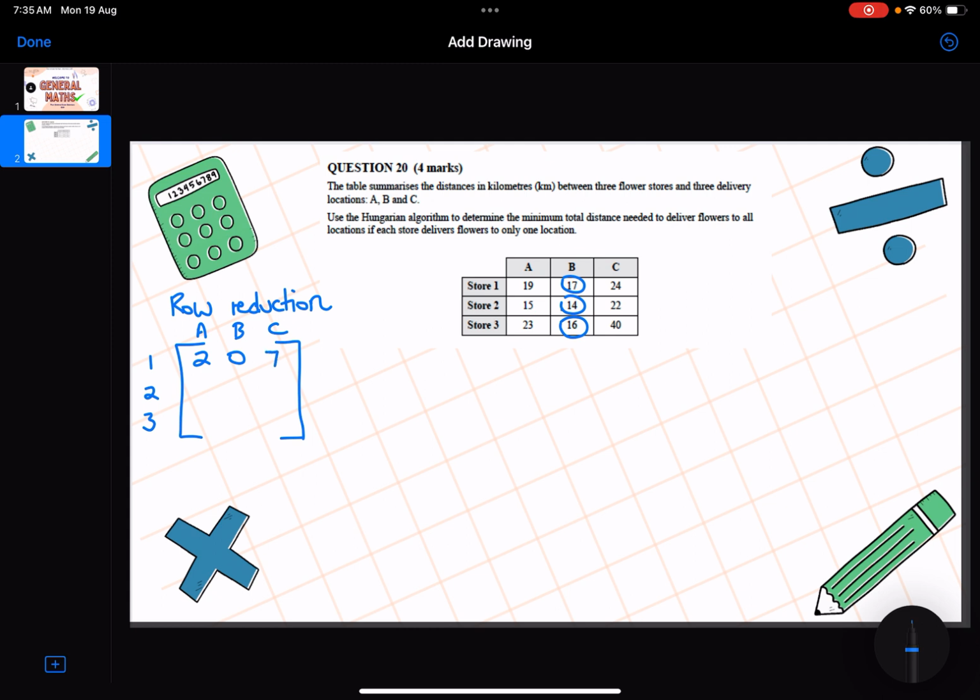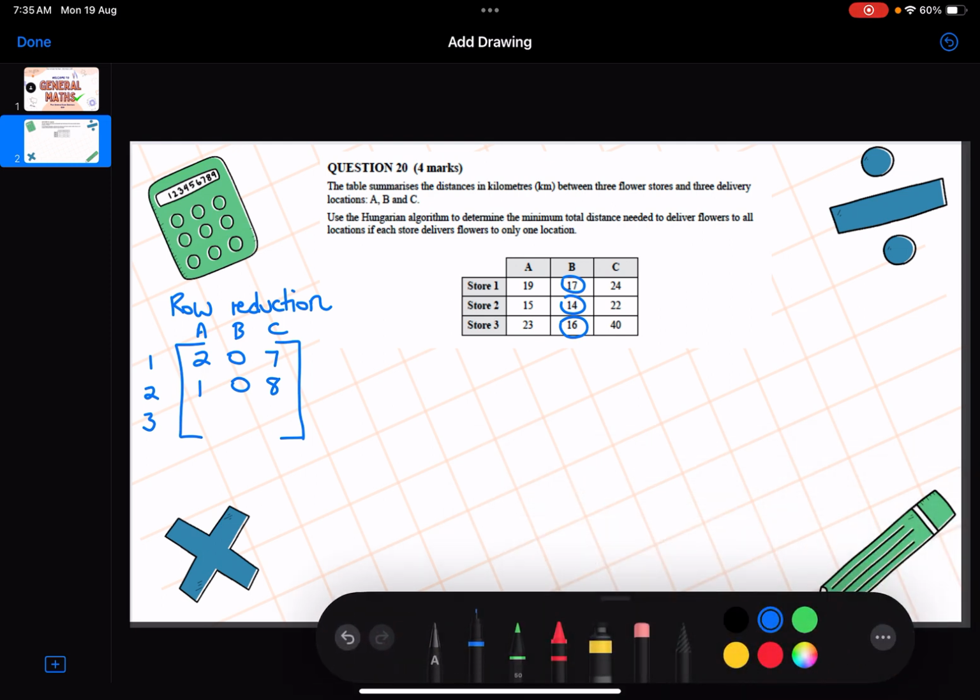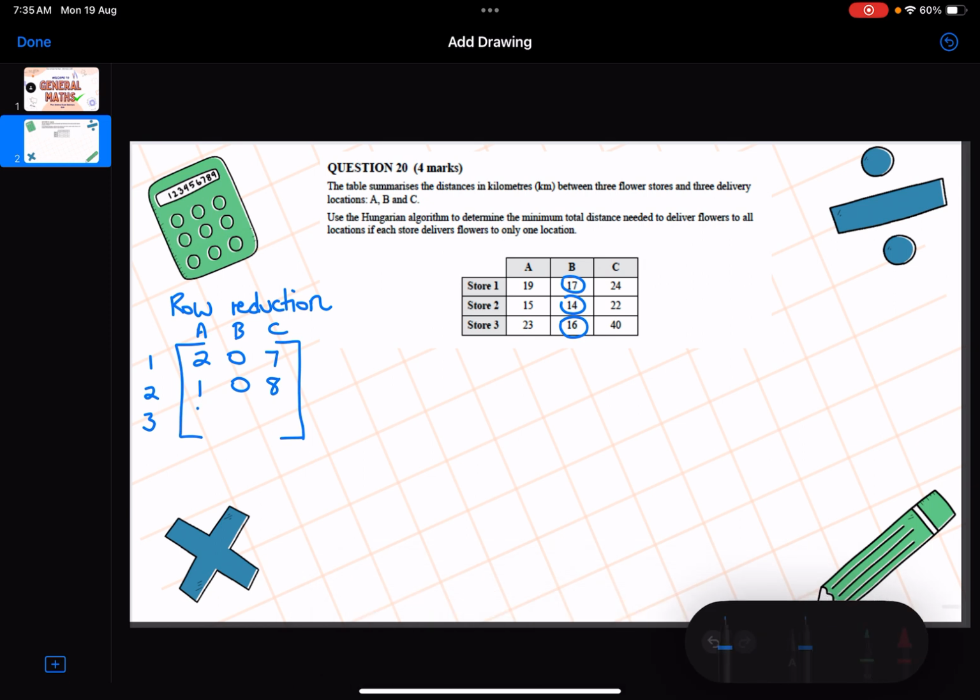When I subtract 14 from the second row, 15 take 14 is 1, 14 take 14 is 0, and 22 take 14 is 8. In the third row, I need to subtract 16. So 23 take away 16 gives me 7, 16 take 16 gives me 0, and 40 take away 16 gives me 24. Okay, that is the row reduction complete.